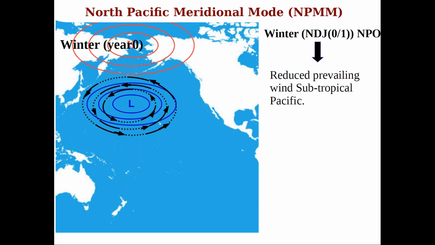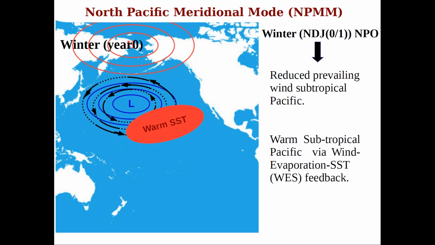There is a high pressure almost in the polar region and a low pressure in the extratropical Pacific. Because of this low pressure there is a westerly wind which reduces the trade wind there, and due to the wind-evaporation-SST feedback it warms the extratropical North Pacific.